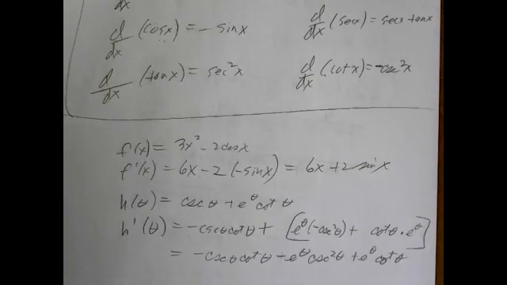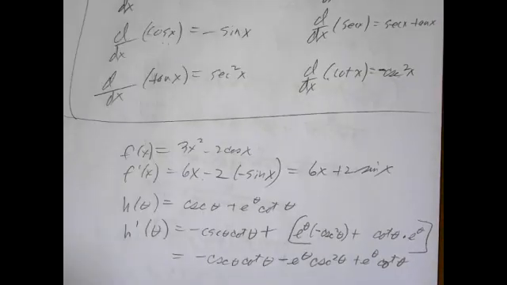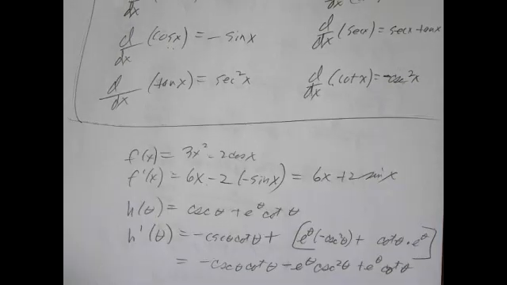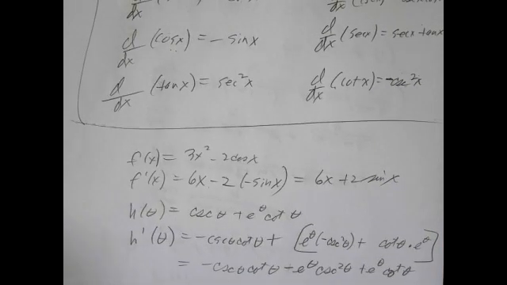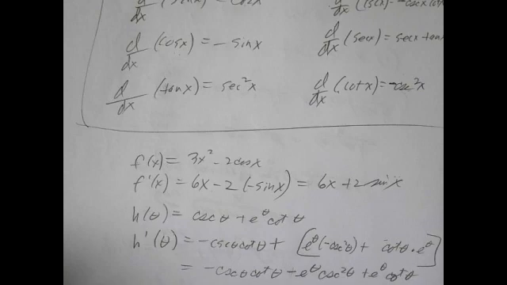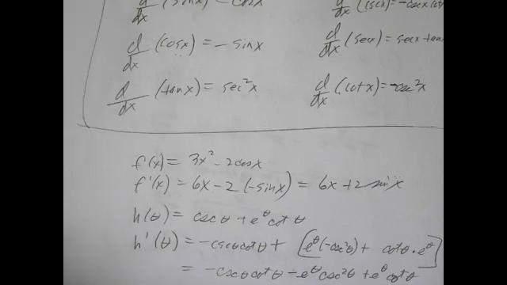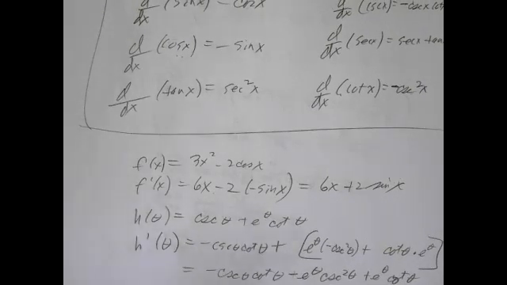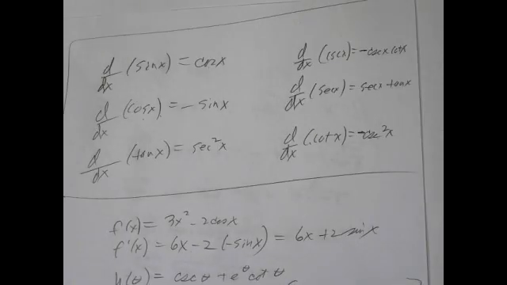I don't have any like terms, don't have a good reason to even attempt factoring. So again, all of your previous rules still apply. And again, just remember those 6 derivatives and you're off to a good start.